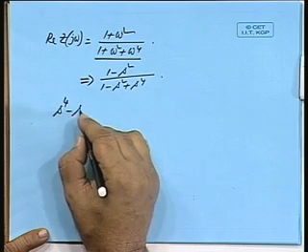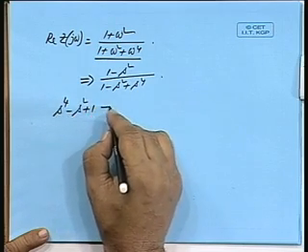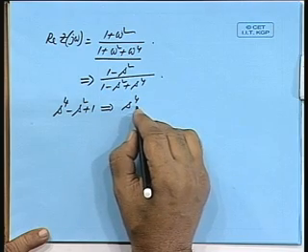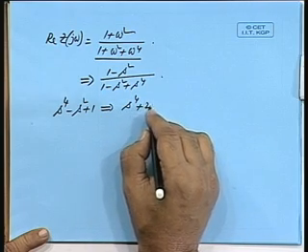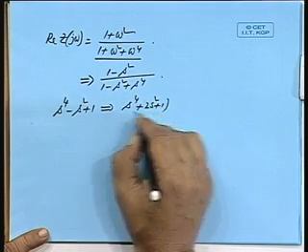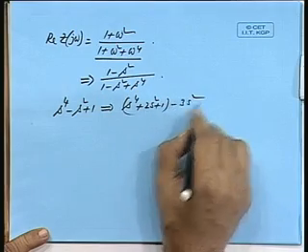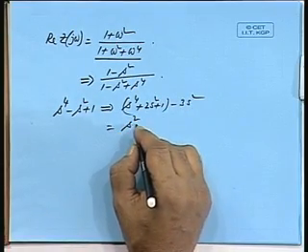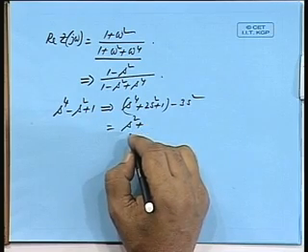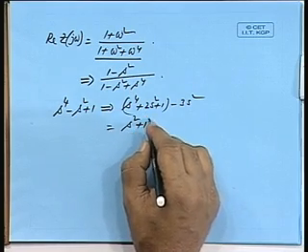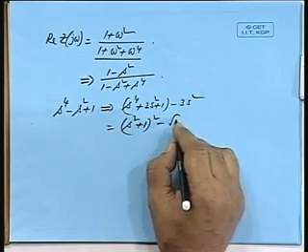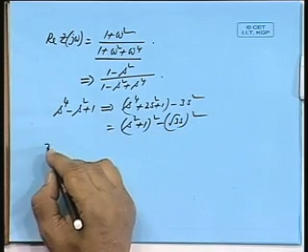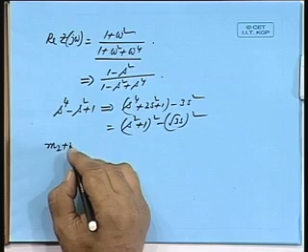The denominator s to the power 4 minus s squared plus 1 gives me s to the power 4 plus 2s squared plus 1 minus 3s squared. So, it is (s squared plus 1) whole square minus root 3 s squared.